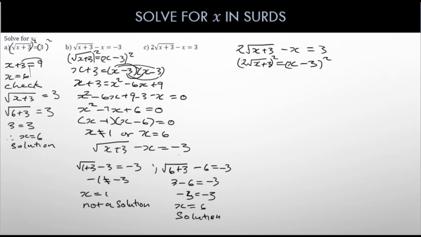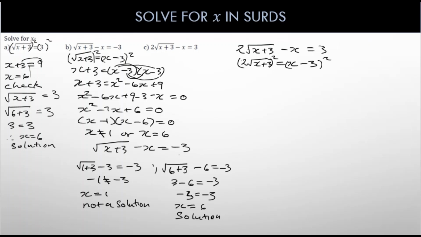Square both sides. And now when I'm squaring both sides, something that we forget is that I'm also squaring the 2, but I'm removing the root, meaning that the root is multiplied by 2, and whenever I'm removing the root, whatever is left here, I must also multiply it by what was next to the root.